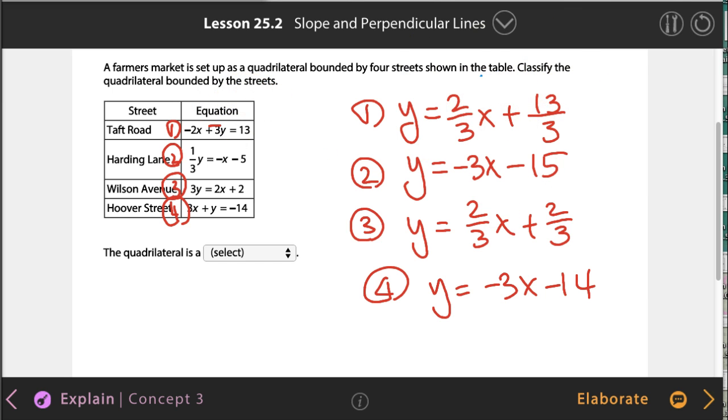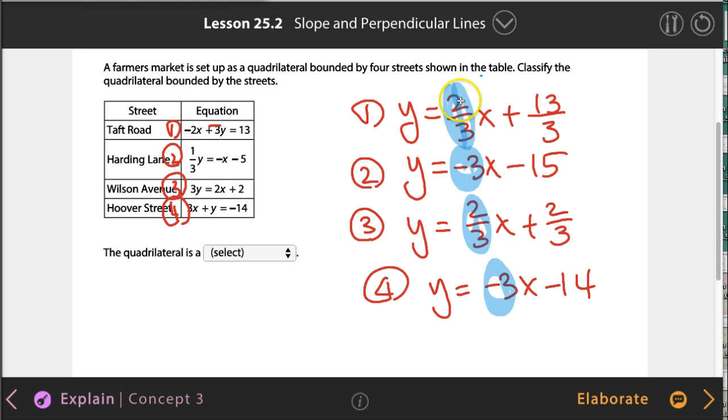Just looking at this, because we already know that we're learning about perpendicular lines, let's take a look at the slopes over here. This is 2 over 3, this is negative 3, 2 over 3, and negative 3. What is the pattern that you notice? Well, unlike the previous example that you had yesterday, we know that these are not opposite reciprocals, so they're not perpendicular to each other.